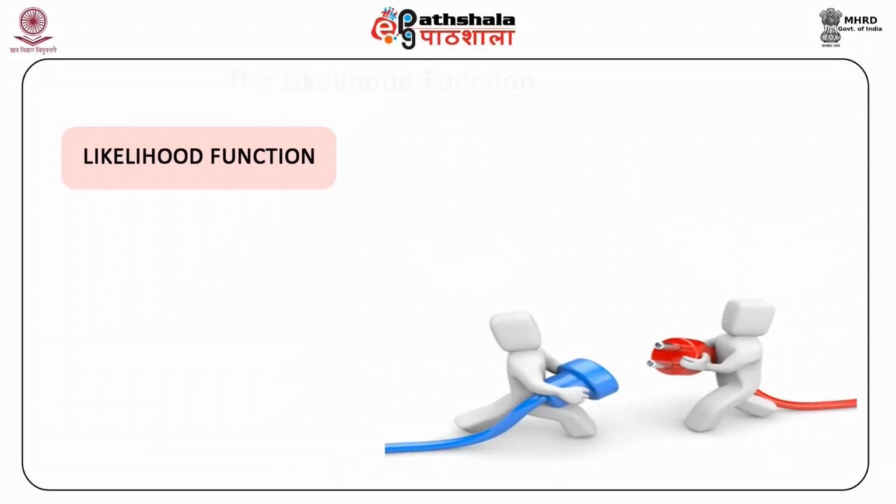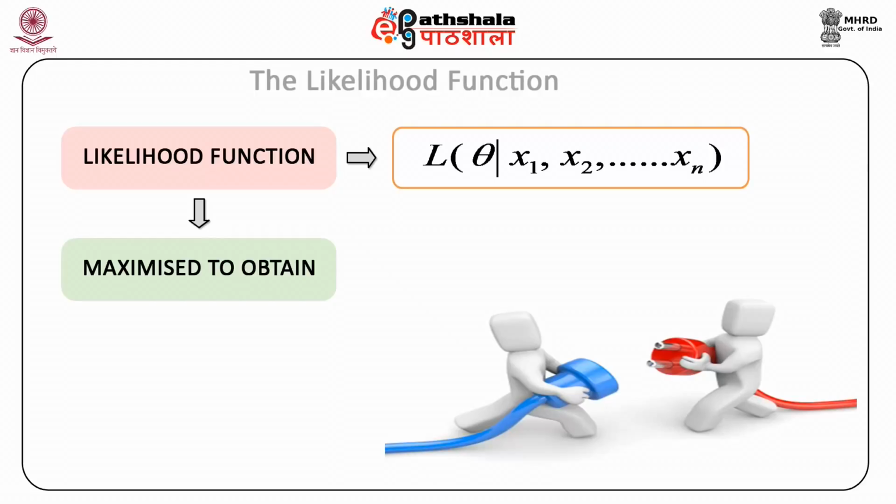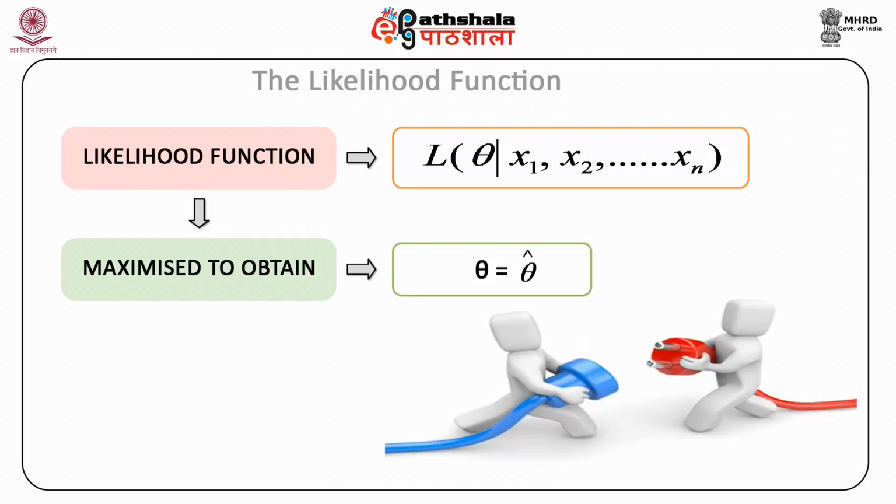The likelihood function L of theta given x1, x2 up to xn gives the joint probability density of the sample observations. That is, the joint probability of x1, x2, xn as a function of theta. The likelihood function is maximized to obtain theta equal to theta hat.